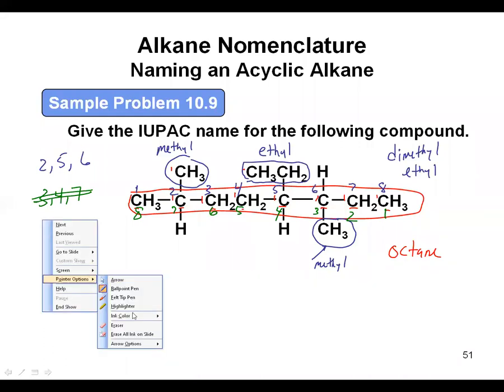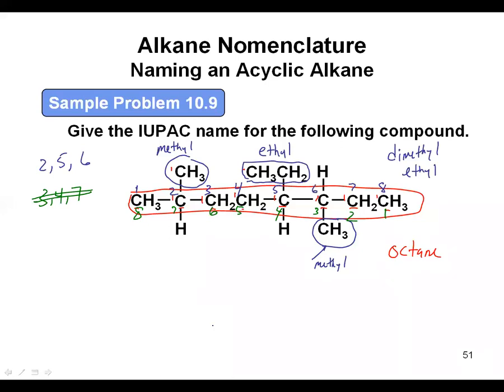And in this particular case, that means that at carbon number 2 and carbon number 6, we have our dimethyl. At carbon number 5, we have our ethyl. So now we want to put this in alphabetical order, and again, we're going to ignore the prefix.